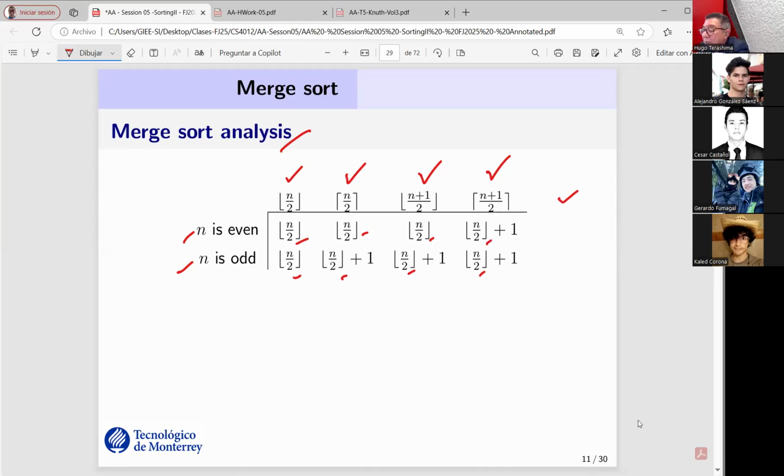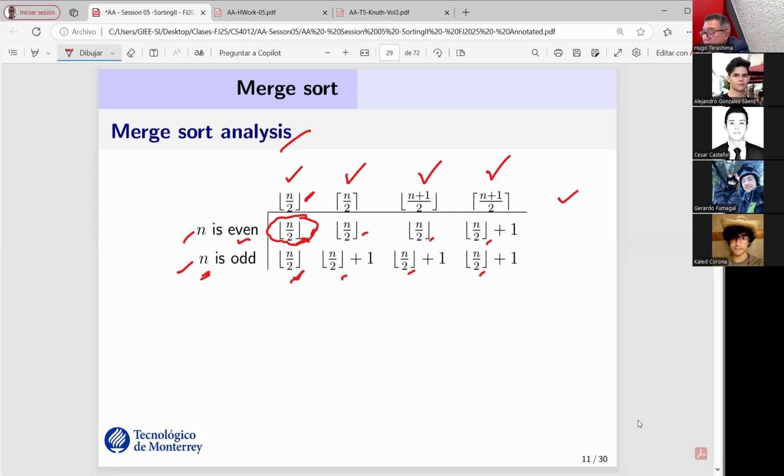Okay, so if n is even and I do n over 2 floor, what will I get? N over 2 floor. That is okay, right? If n is odd and I apply n over 2 floor, what I'm going to get is n over 2 floor.